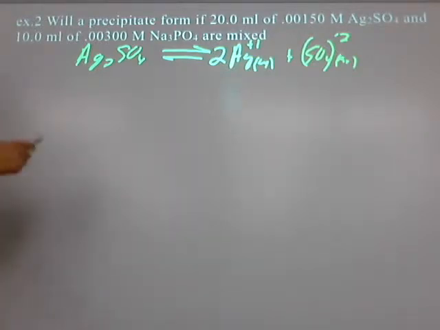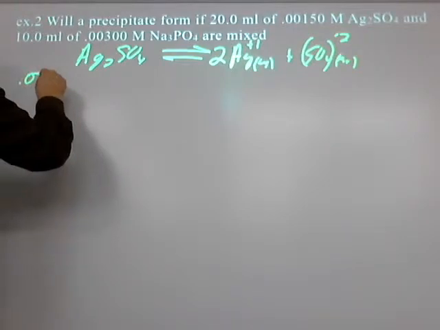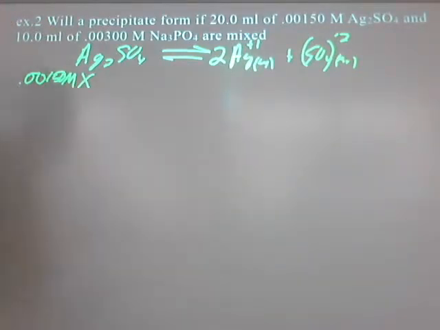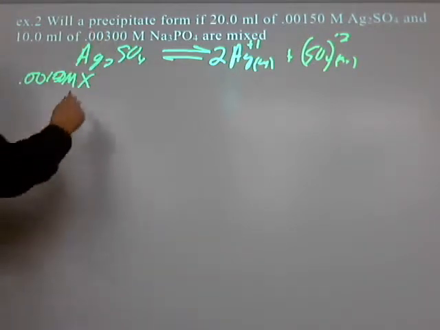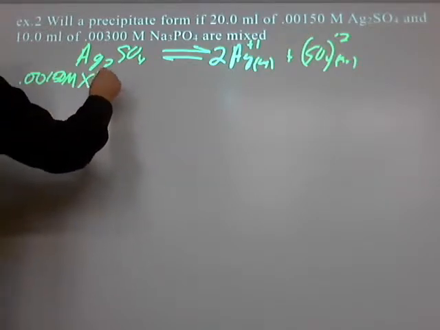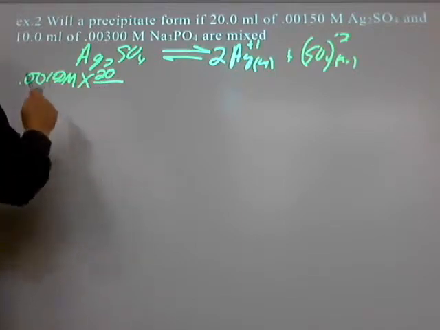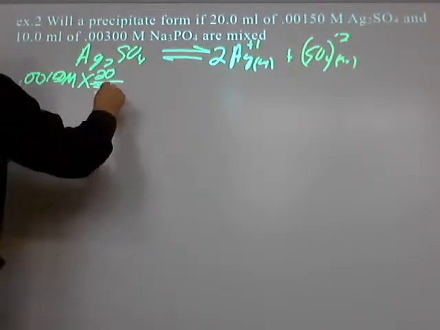So basically, I'm going to take my initial molarity, 0.00150 molar, and multiply it by the fraction by which it changes, which would be what in this case? 20 milliliters, right? Over, not over 10, I knew I'd do that, over the new volume, which would be 30 milliliters.